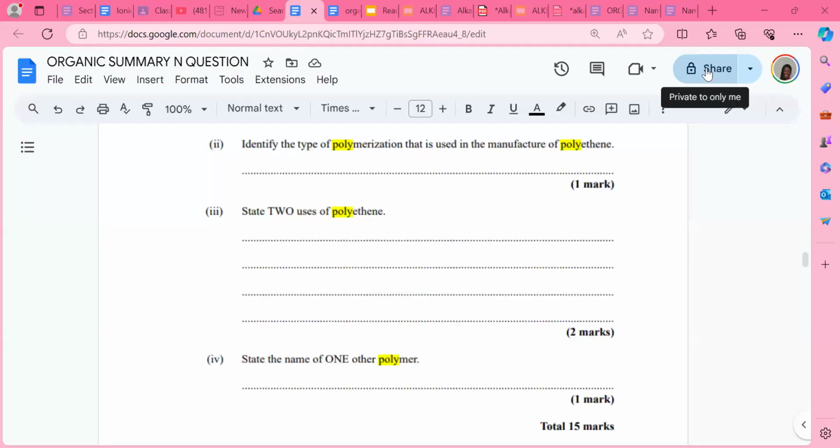Identify the type of polymerization that is used to manufacture polyethylene. What's the type of polymerization? Addition polymerization. Okay. Then it says give 2 uses of polyethylene.